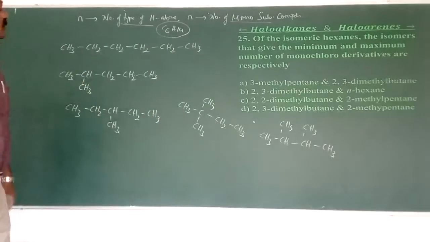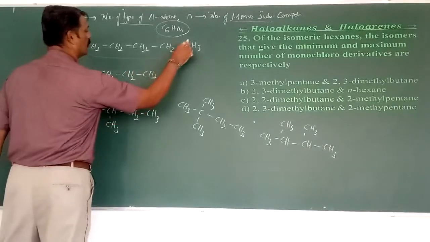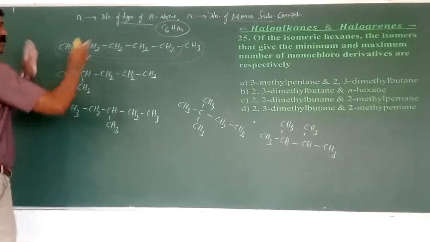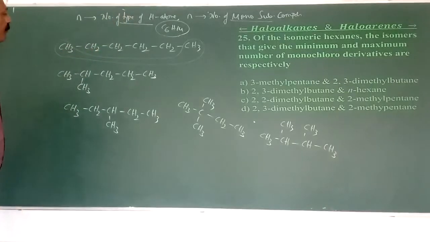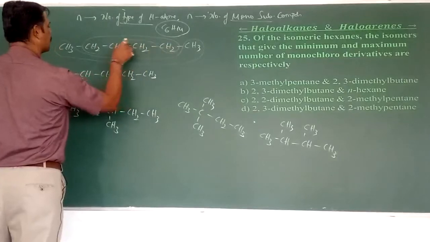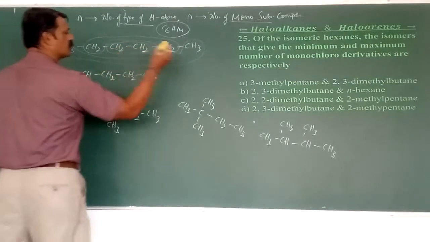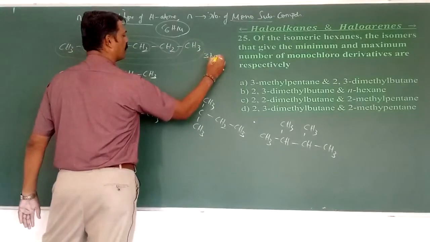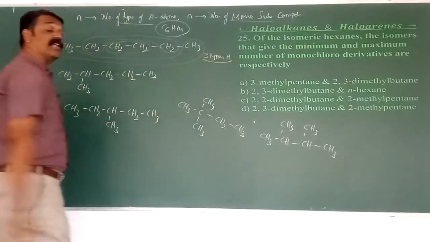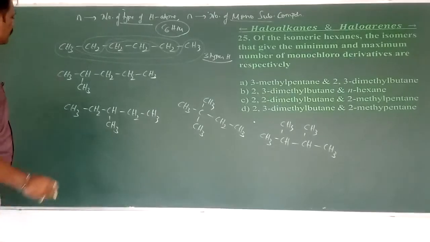How many types of hydrogens are there? This is one type, CH3. These two are very similar, and these two are similar. Means how many types? 3 types of different hydrogens.